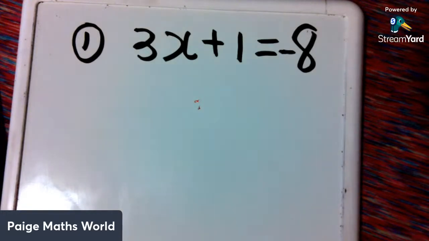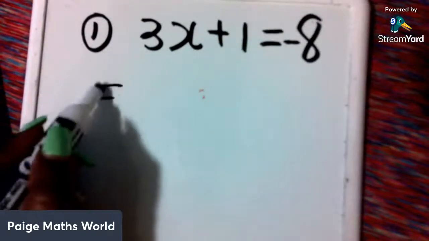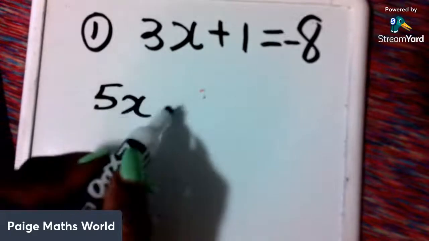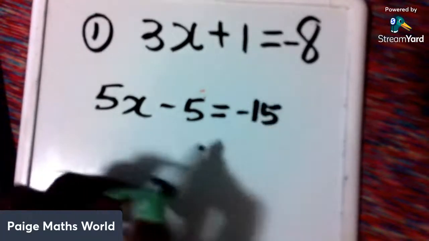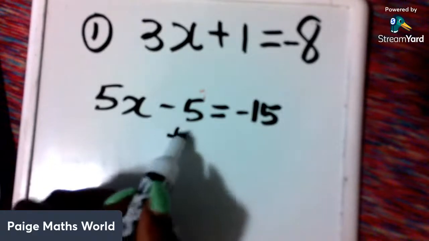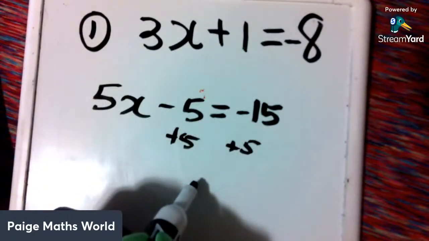So you would divide -10 by 5, and that will give you -2. If that's the one that you're talking about, Keisha. It was -15. So the question was 5x minus 5 is equal to -15. And we're going to be adding 5 to both sides, Keisha. So we add 5 to both sides.